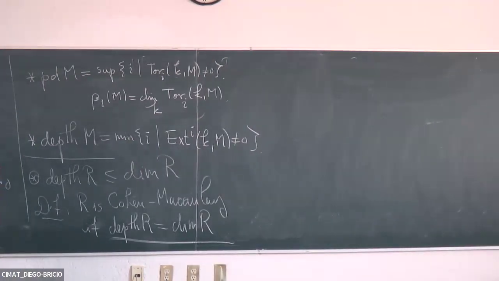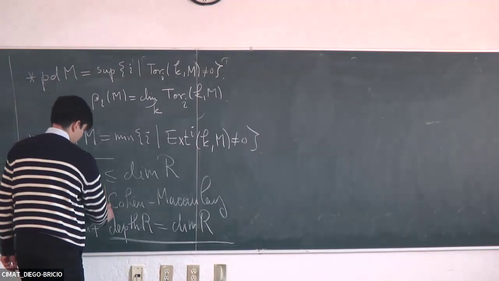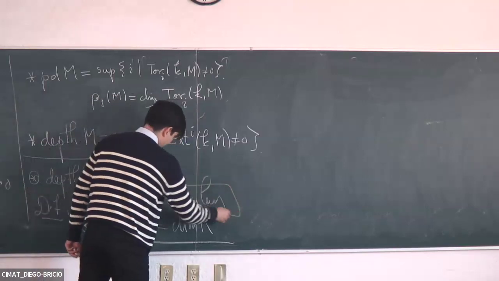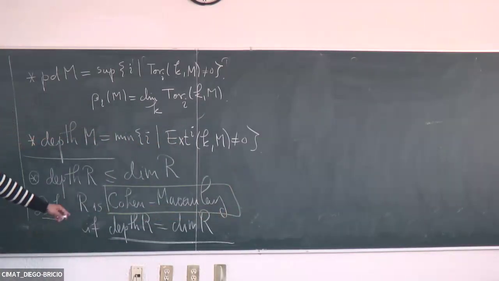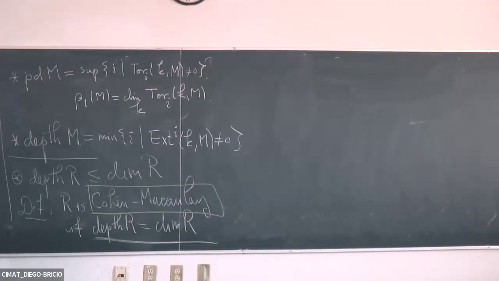Okay, I'm just doing a little summary of the previous lecture, which is Auslander-Buchsbaum. And I was writing down here the definition of Cohen-Macaulay, which is one of the most important notions in commutative algebra. And so you can see what it means to be Cohen-Macaulay.